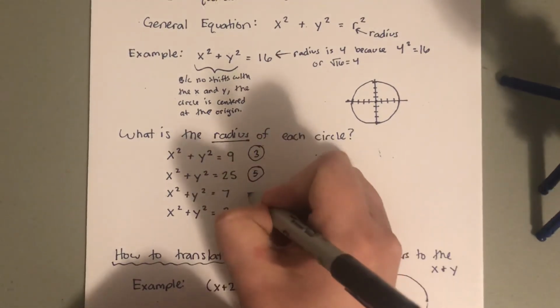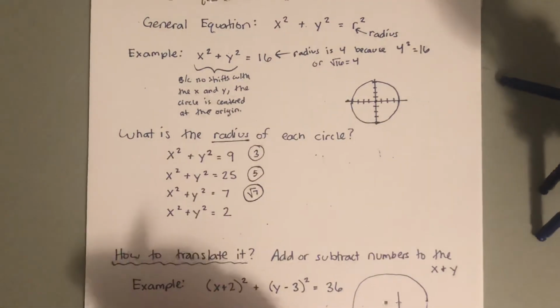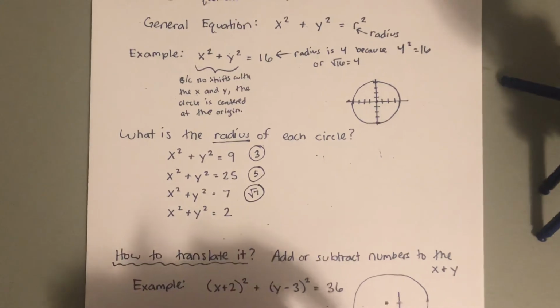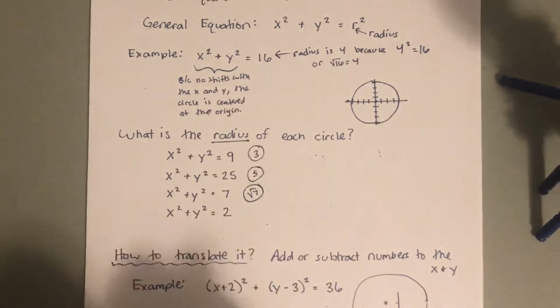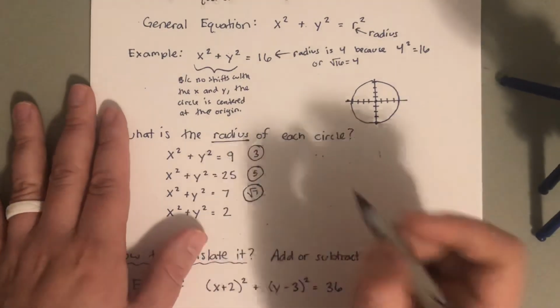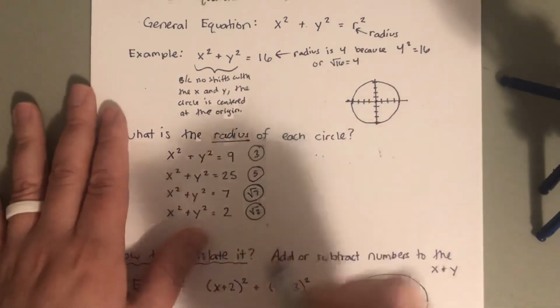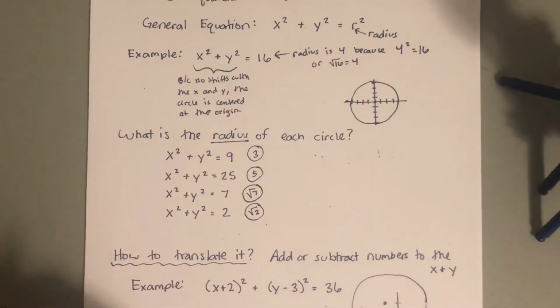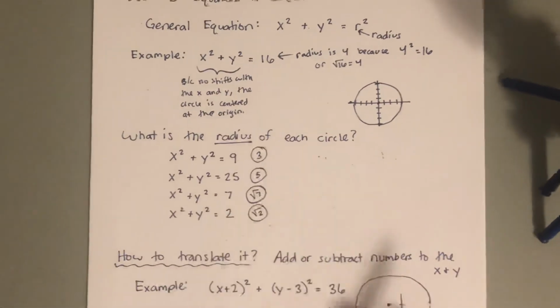Here, the radius would be the square root of 7, which is like 2 point something, because it doesn't end up being a nice whole number. And same with this one, the square root of 2 is not a nice whole number, so we just leave it as the square root of 2, which is like 1 point something. So this tells us the radius.